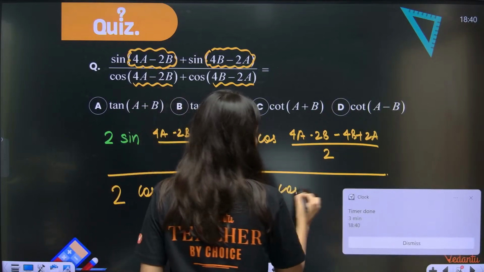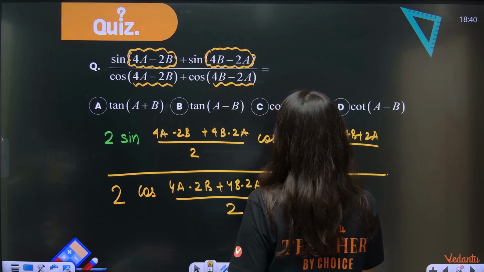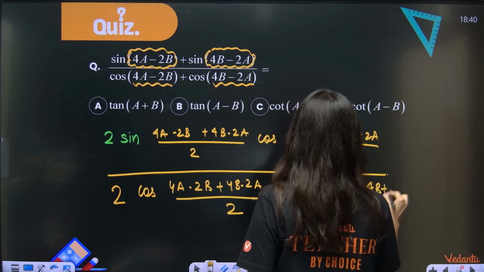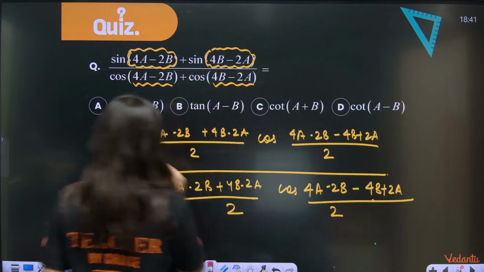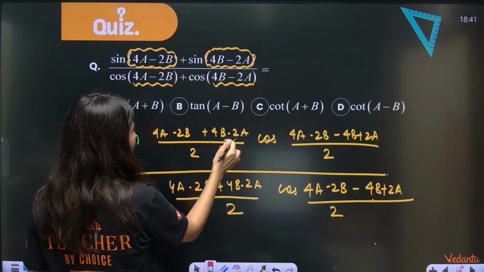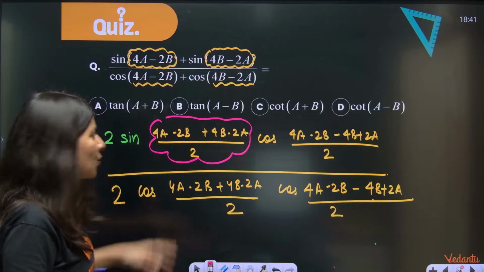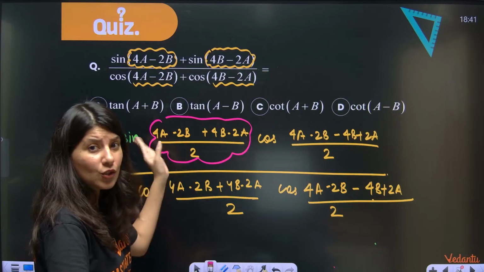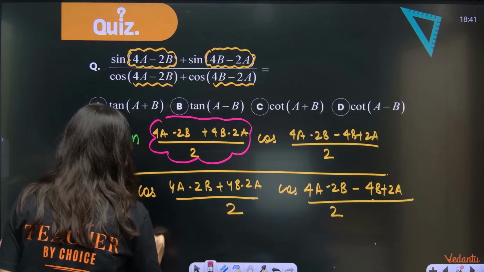And this is also cos, which is (4A minus 2B minus 4B plus 2A)/2. Now solve it. First of all, 4A minus 2A is 2A. 4B minus 2B is 2B. Both plus. So (2A plus 2B)/2. The 2 cancels, so sin (A plus B).